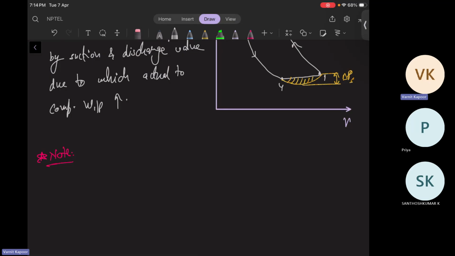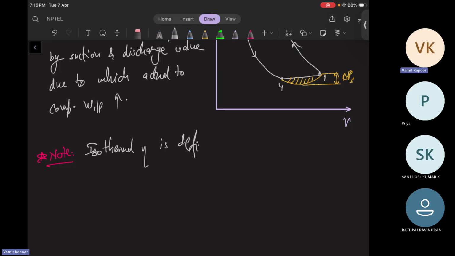If someone asks what is isothermal efficiency, isothermal efficiency is defined as the ratio of isothermal work to actual work.